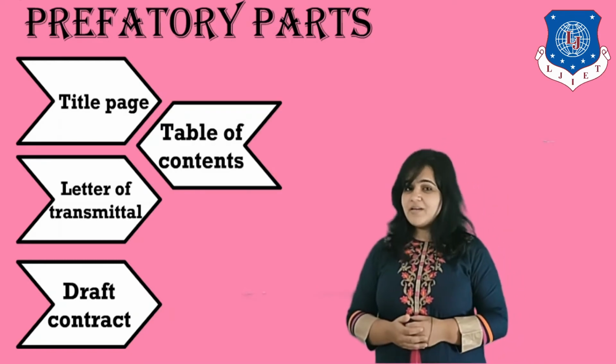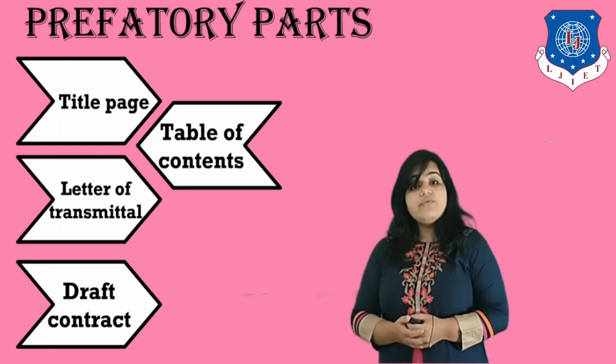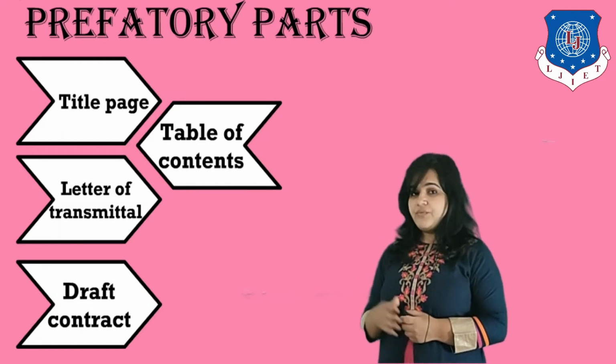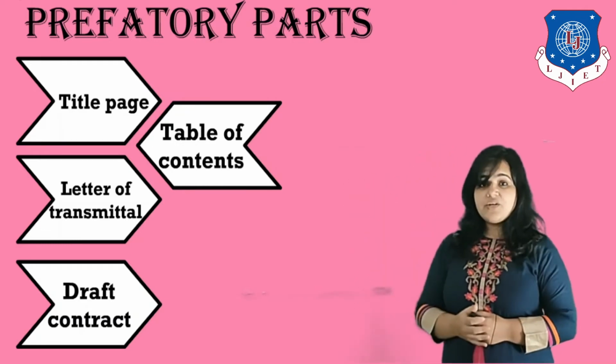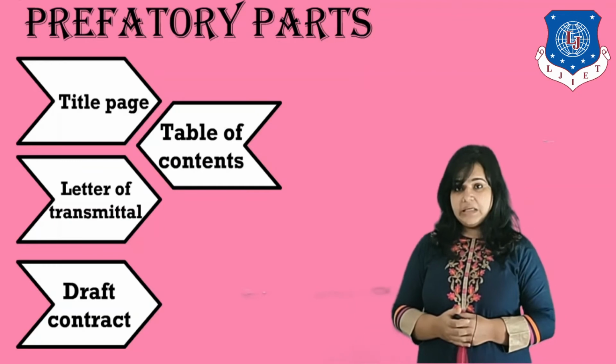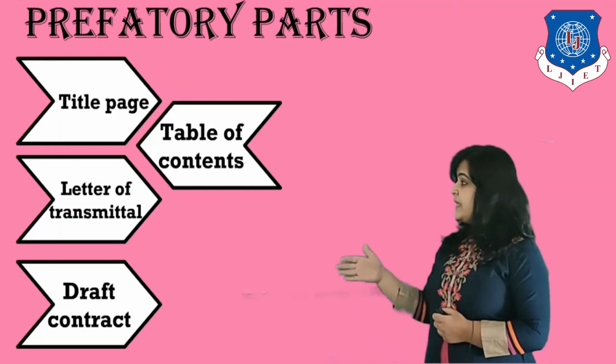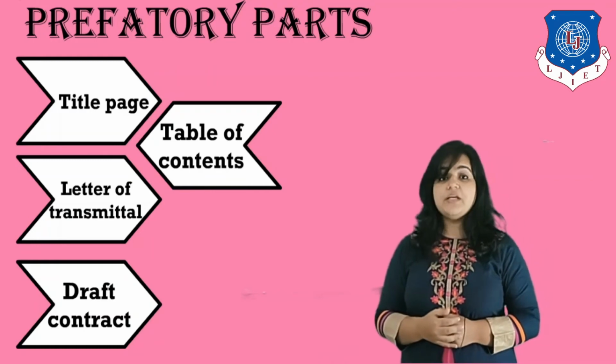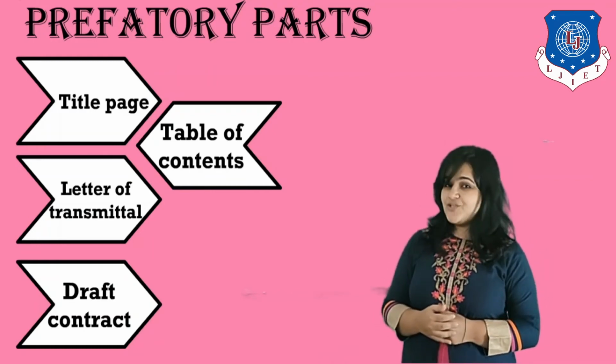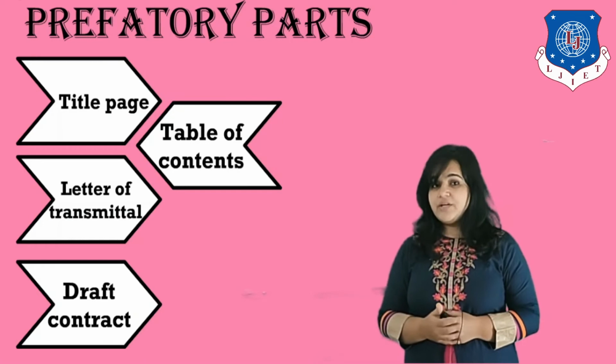Next prefatory part is the table of contents. If your proposal is very brief, then a table of contents is not required. But if your proposal is quite lengthy, then you need to make sure that you include the table of contents with the page numbers of where different topics are.